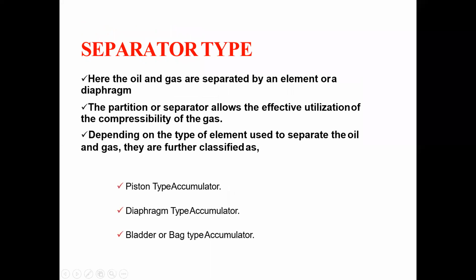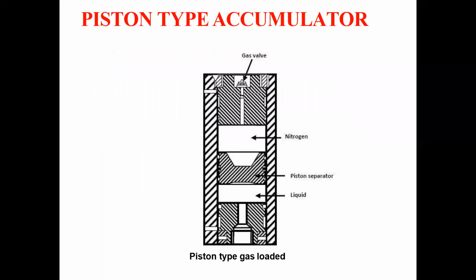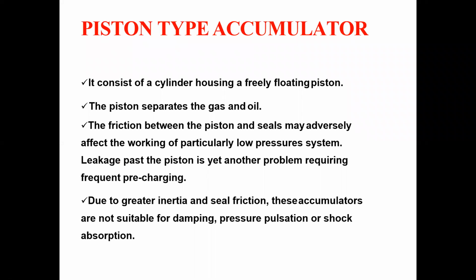Then types of separator, we already discussed this. The separator types can be piston type, diaphragm type, and bladder type. This is the piston type accumulator. You can read on your screen.